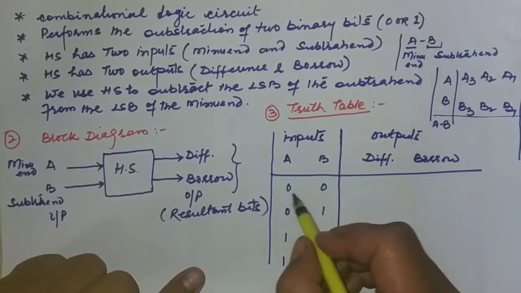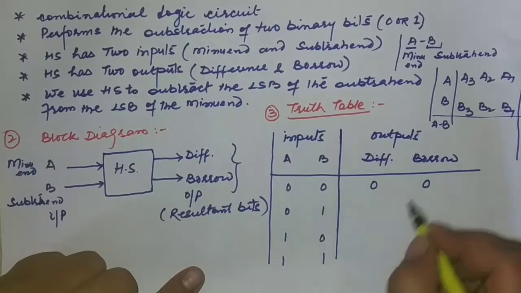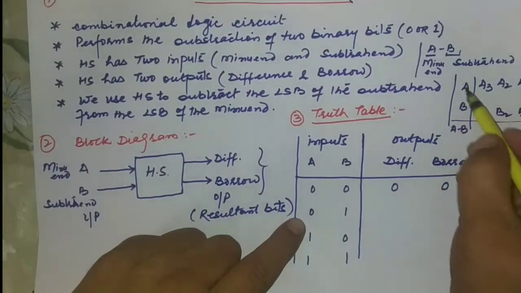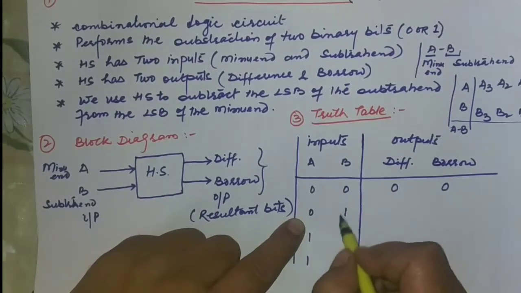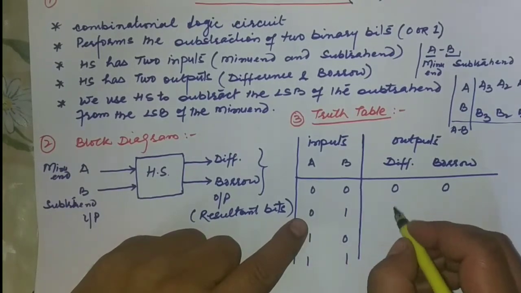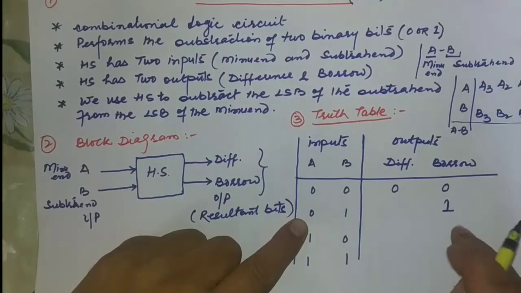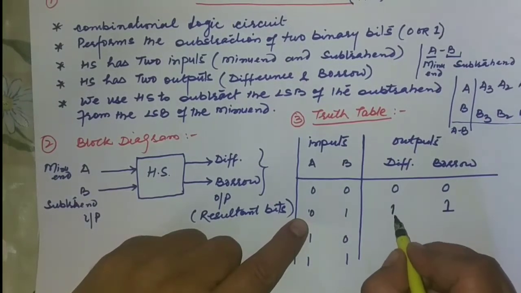So when A is 0, B is 0, the difference is 0, no borrow is required. But when A is 0 and B is 1, means B is greater, A is lesser, so we need to take one borrow, and if we take one borrow, it becomes 1 0, so the difference is 1.